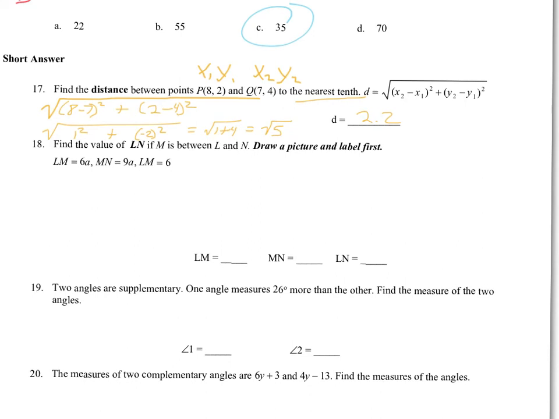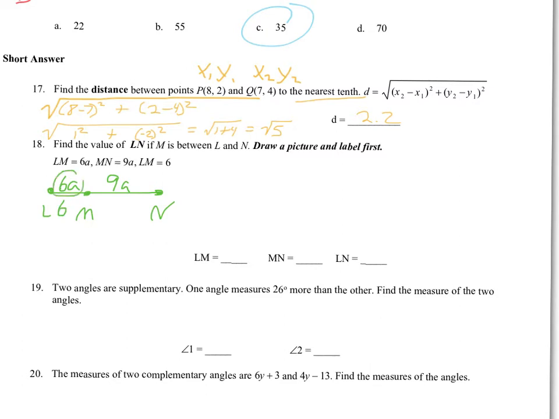Okay, let's look at number 18 now. Find the value of LN if M is between L and N. So we have L and N, and M is between them. It doesn't say it's the midpoint, it's just between them. LM is 6a, MN is 9a, but notice that it says LM is also 6.